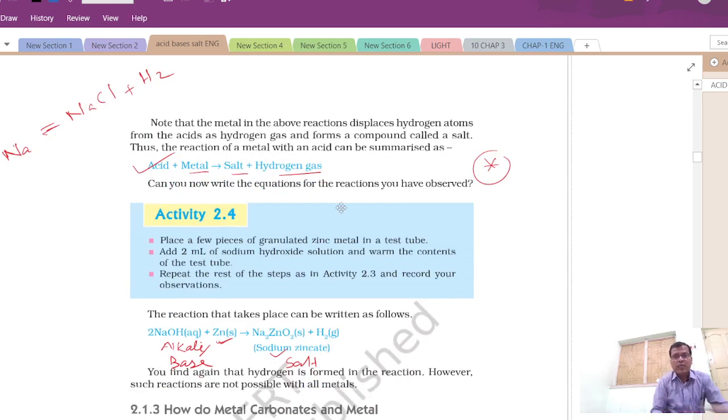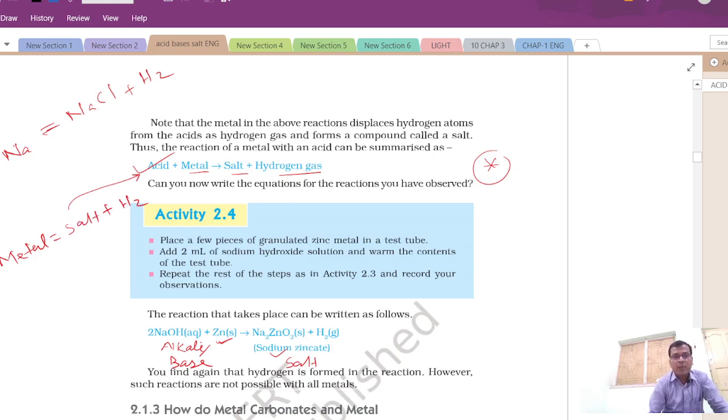You can write base plus metal is equal to salt plus hydrogen gas, and you can just match it with this.